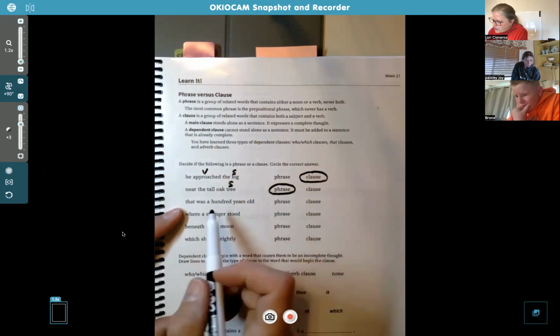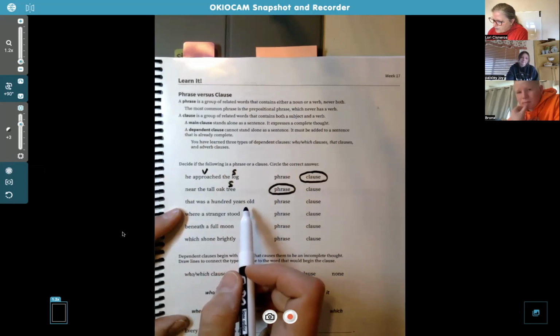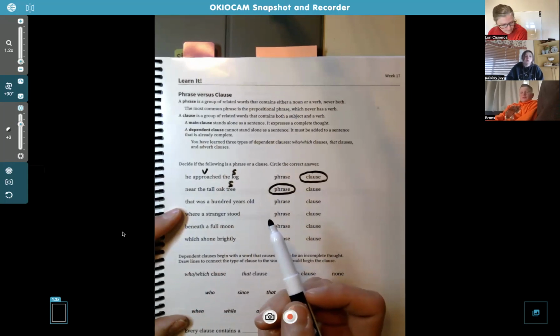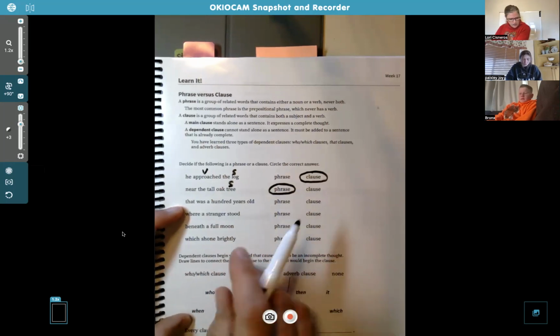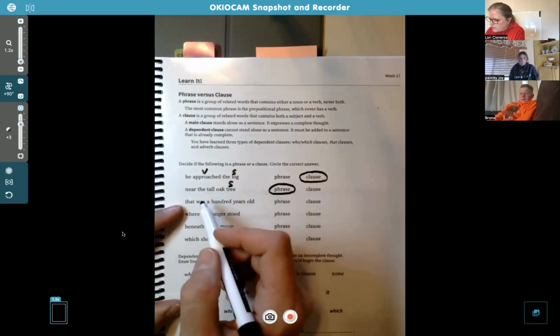So Paisley, go ahead and read this group of words right here. That was 100 years old. Okay, so in that sentence, that's a little bit tricky because was is actually the verb because it's a helping verb, right?